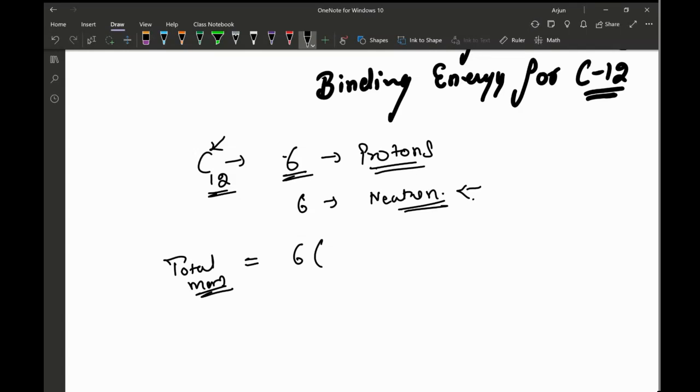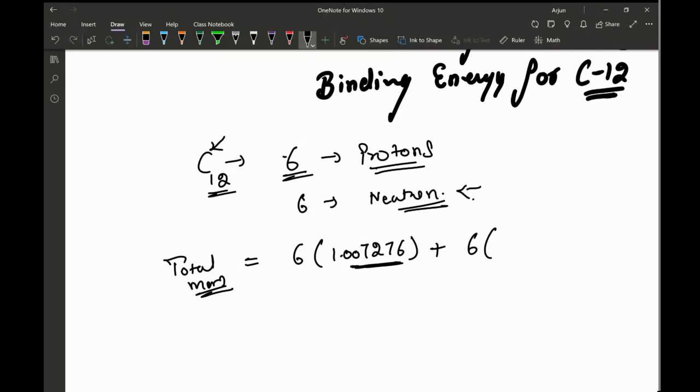The mass of a proton in terms of u, we figured out earlier, was 1.007276. I'll encourage you guys to keep this number as long as possible, at least up to 6 places, so that you can get close to accurate results. Plus 6 times the mass of a neutron.